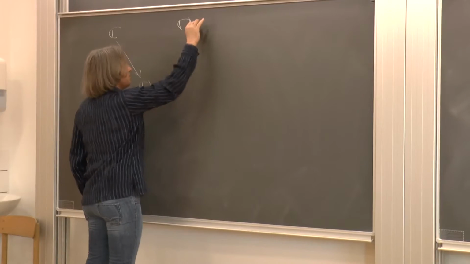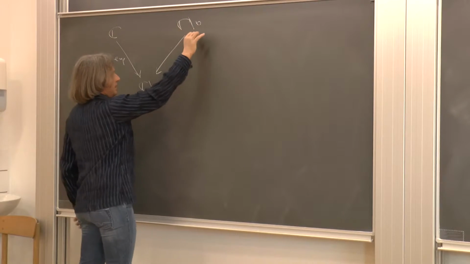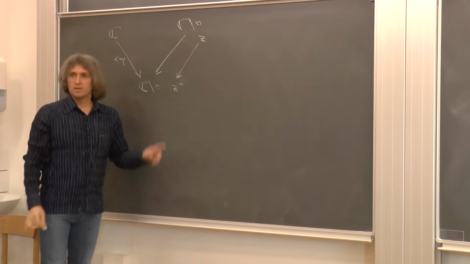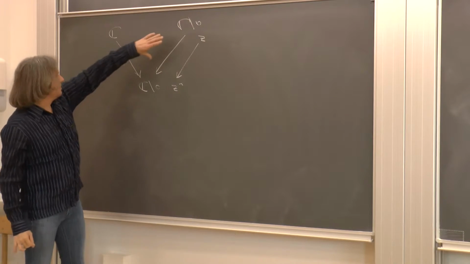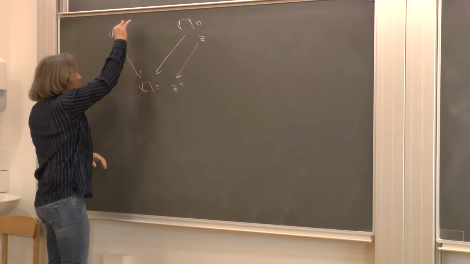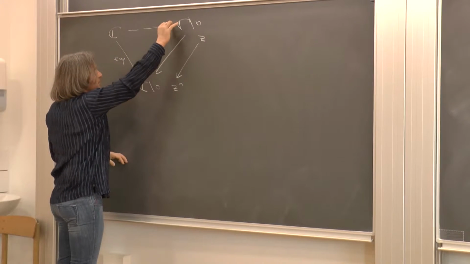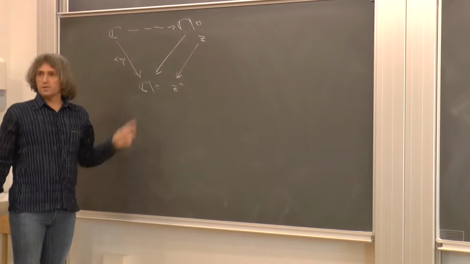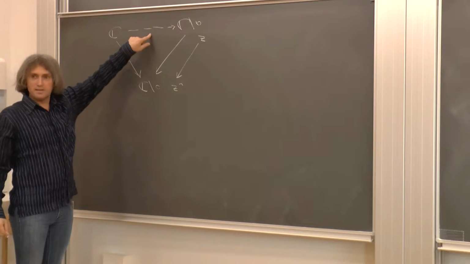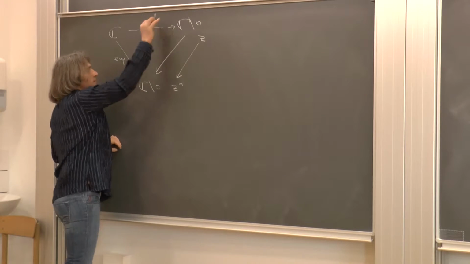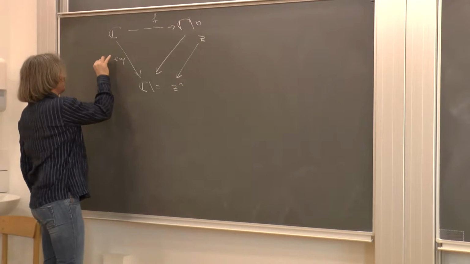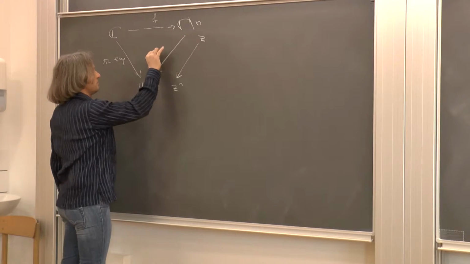C without 0 maps to itself, z goes to z to the n. So this one is the universal covering. This is just a covering. There should be a map like this, so that it would be commuting. Can you cook up a map like this? So this is F. That's this diagram.